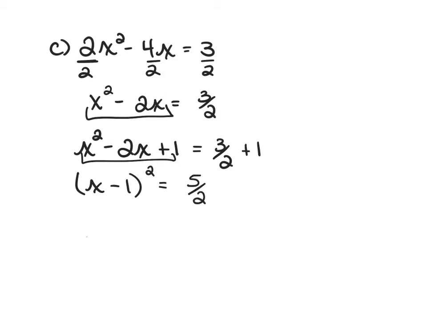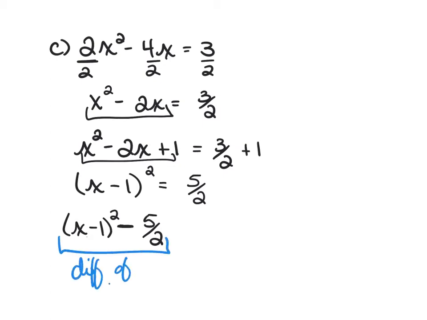And then just move this 5 over 2 to the other side, so minus 5 over 2. Again, we're going to look at this as a difference of squares.